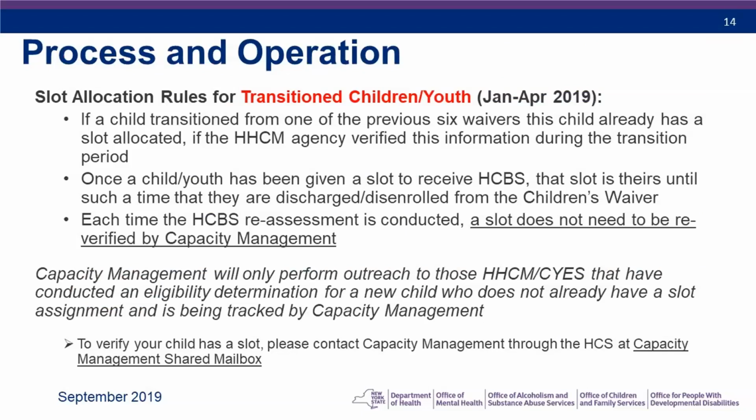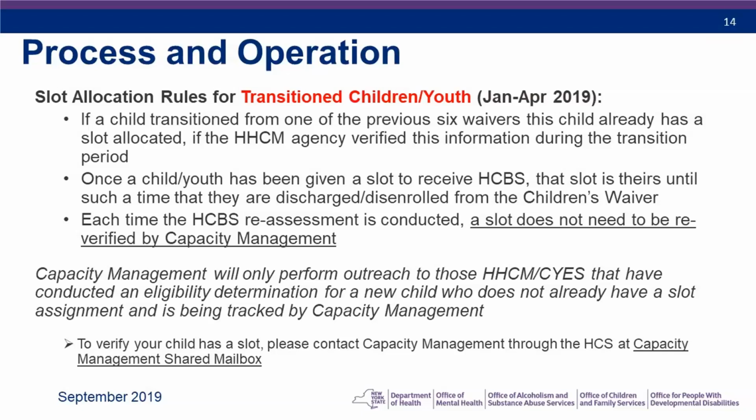So if you were told by DOH during the transition phase that your child was counted as a transition child, so former waiver providers gave lists back and forth with DOH, then your child is considered a transitioning child from one of the previous 6 waivers, and once your child was counted as a transitioning child, they were automatically put in a slot. So even though the waiver hadn't opened until April 1st and tracking with capacity wasn't a thing yet, we had already counted these children as a slot, and children keep their slot until they're discharged or disenrolled.